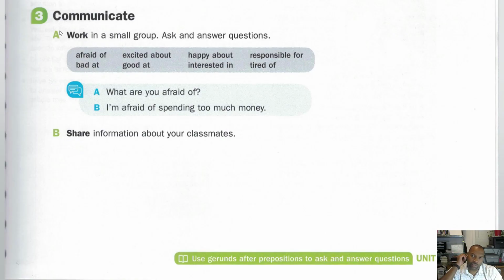Okay, so let's continue to communicate. Number 3, work in a small group. Ask and answer questions. So we're going to ask and answer questions around these short phrases. Let's go through these phrases first and find out how to pronounce them.